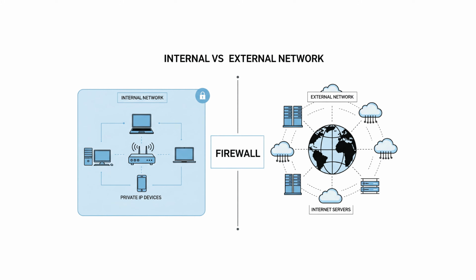Networks can basically be divided into two types, internal networks and external networks. An internal network is a restricted, private environment, such as a home, office, or an organization's own network, where only authorized devices can connect and exchange data at high speed. It's mainly used for local resource sharing, file transfers, and internal communication.